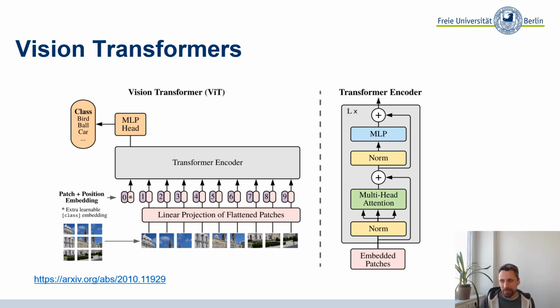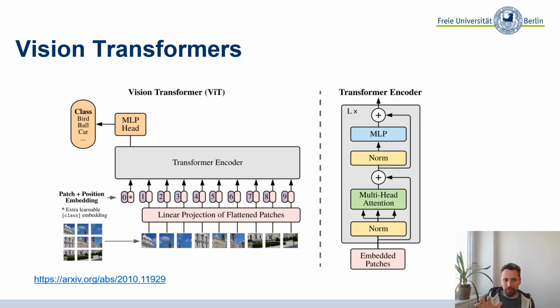Though one thing to note here is that it seems that the inductive bias that convolution introduces to the model helps in training very performant models with less data. So these vision transformers need huge amounts of data.